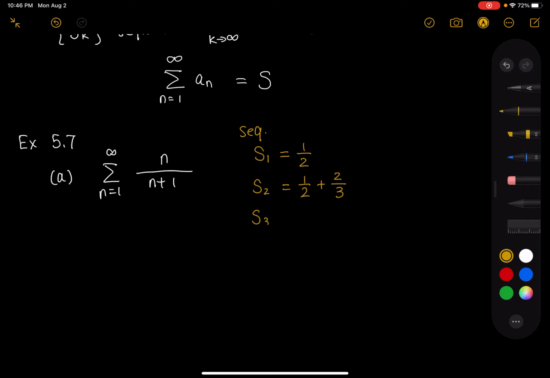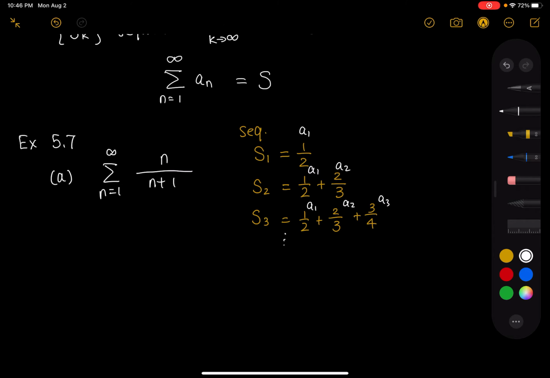And S sub 3 is the previous answer, so it's S sub 2 plus A3, which is 3 over 4. So this is A1. So S sub 2 is A1 plus A2, and S sub 3 is A1 plus A2 plus A3, and so on.